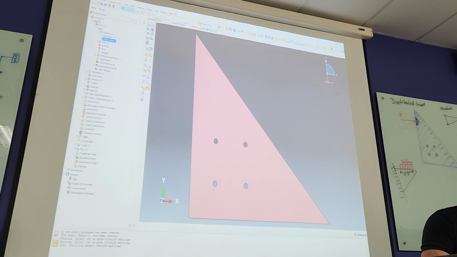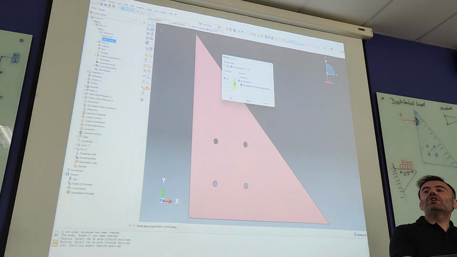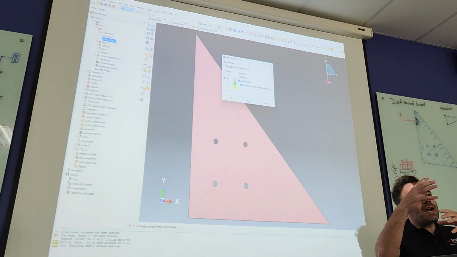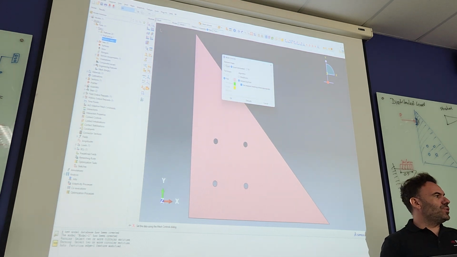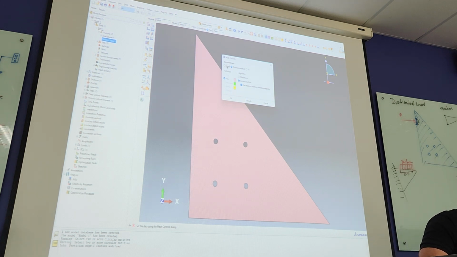If you click on this button here, it says mesh controls. Through that, we can control the shape or preferred shape of the elements, as well as how they are attached to our geometry. So we may say, okay, let me go for quad, so all of them are four-sided, and any orientation is okay, it doesn't need to be structured.